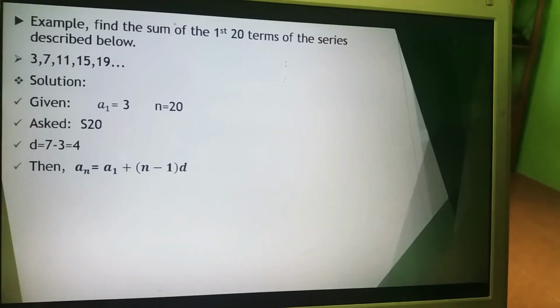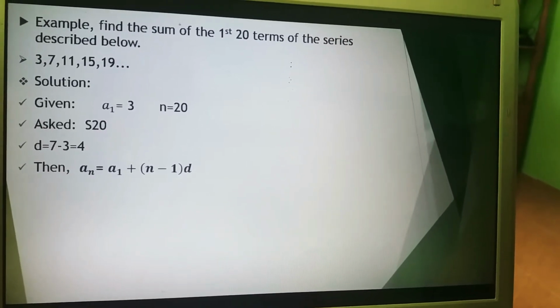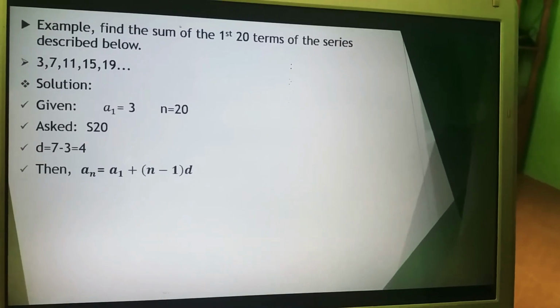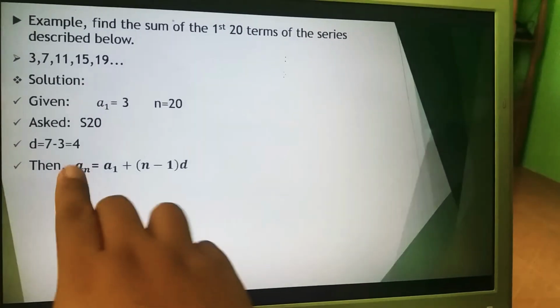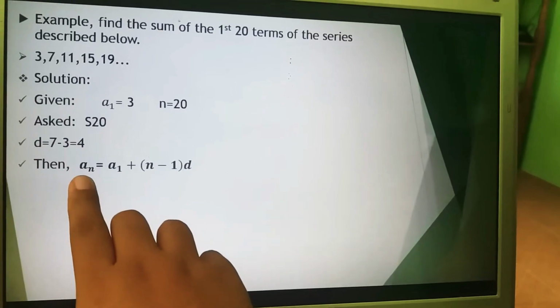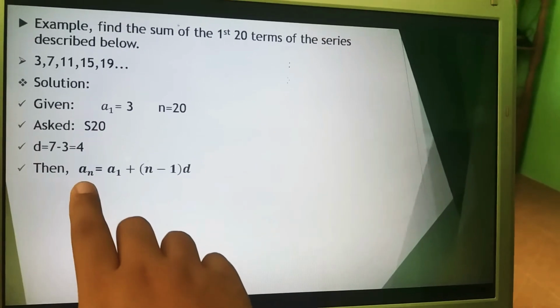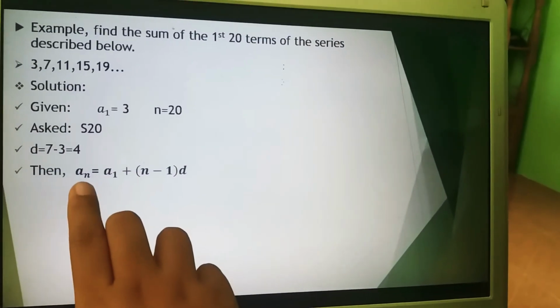How will we know the sum of the first 20 terms of the series if we do not know the 20th term, what the 20th number in our series is?